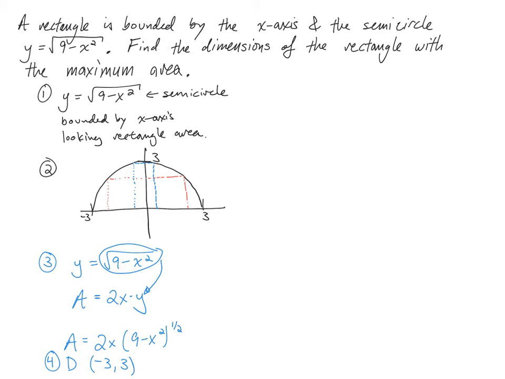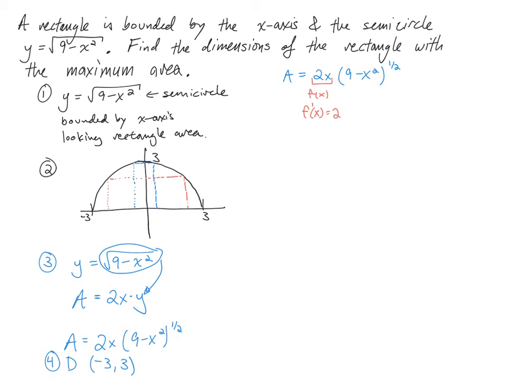So now we have this area function that we are trying to maximize: 2x times (9 minus x squared) to the 1/2. Again, if you think of this as f of x, then we know f prime of x pretty easily is going to be 2.